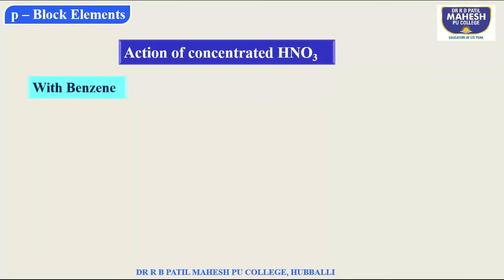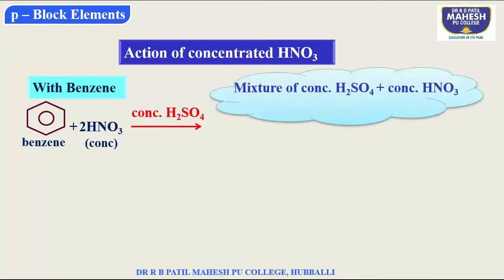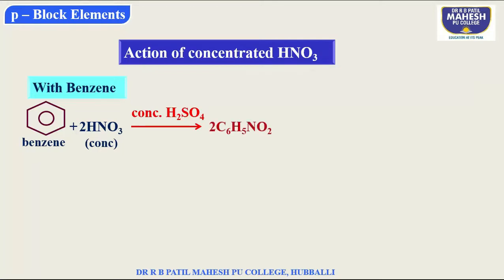Reaction of concentrated nitric acid with benzene. When benzene reacts with concentrated nitric acid, we are going to get nitrobenzene as the product. And this reaction takes place in the presence of concentrated sulfuric acid. Hence, the mixture of concentrated sulfuric acid and concentrated nitric acid is called nitrating mixture.